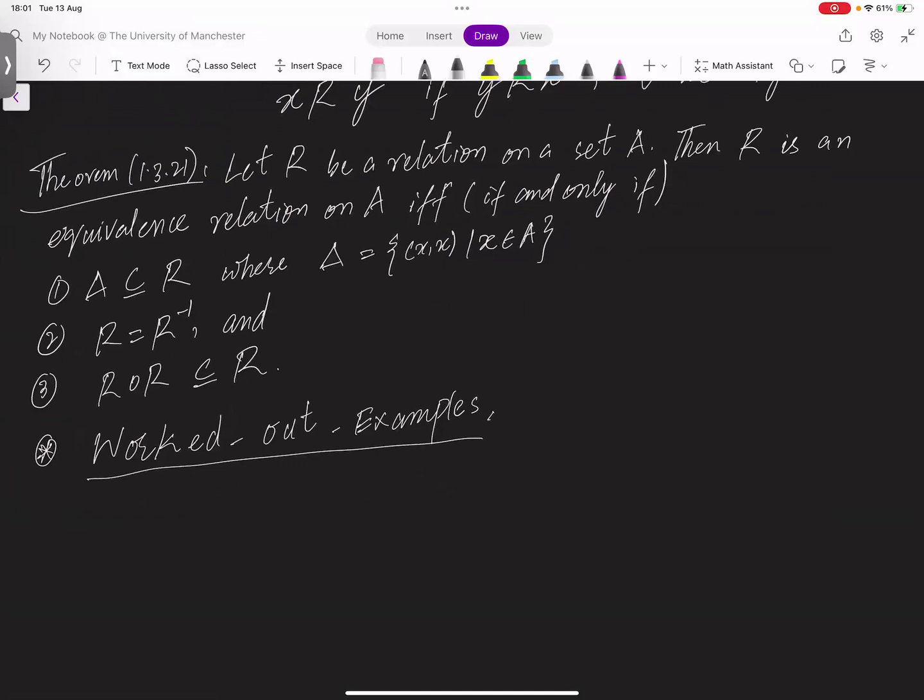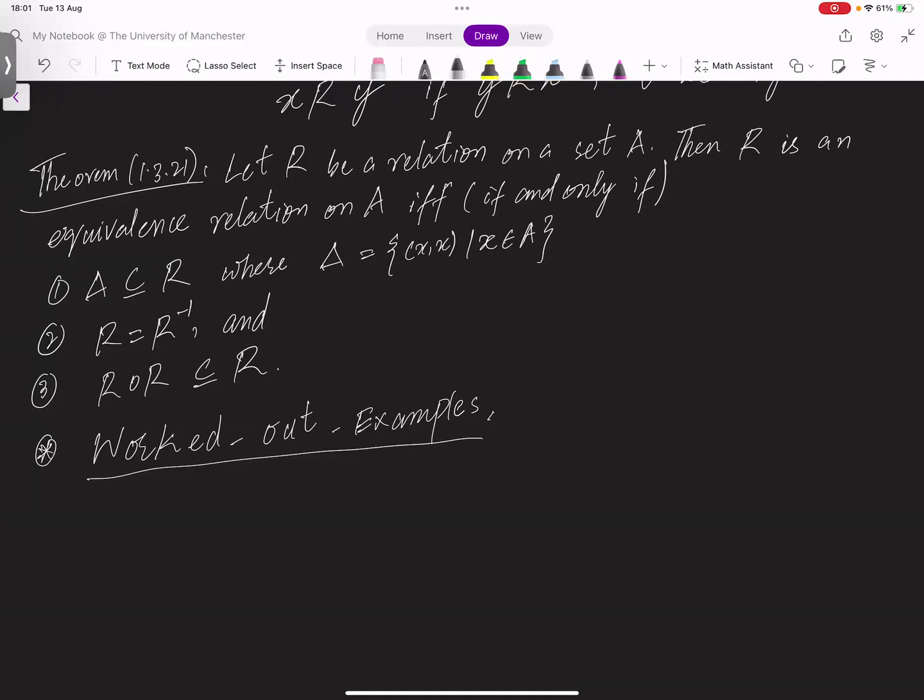It says that if we have a relation R on a set A, then R is an equivalence relation on set A if and only if delta is a subset of R, where delta can be written as a set which contains all the ordered pairs (x, x), where x is in A, that is, all the reflexive pairs, and R is equal to its inverse relation, and the composition of R with itself is also a subset of R. Then R is an equivalence relation on the set A.